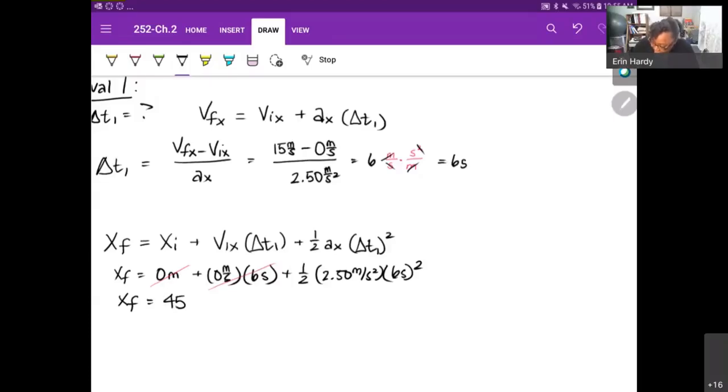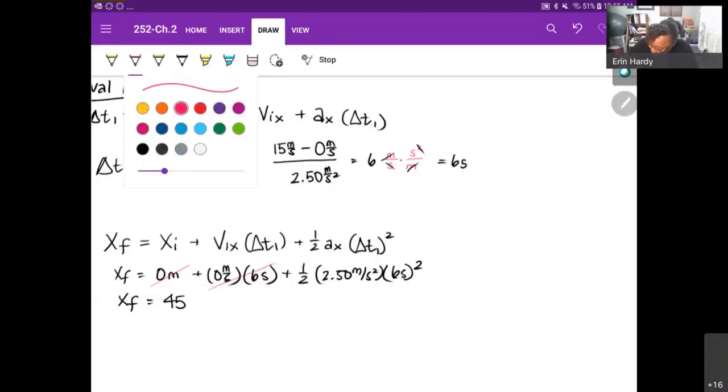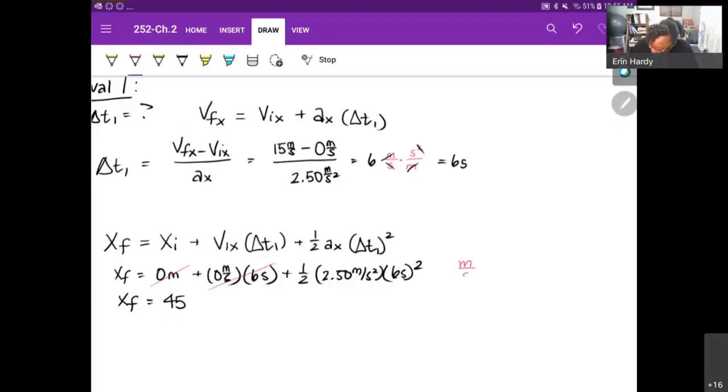And the units here off to the side, we have meters per second squared times seconds quantity squared. So we lose the second squared, we're just left with meters. This is 45 meters.